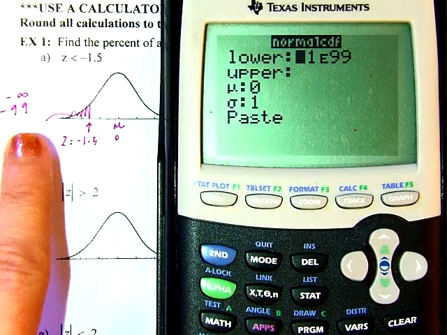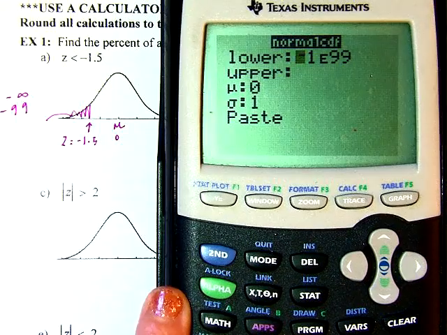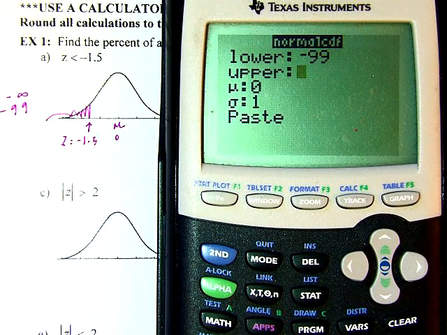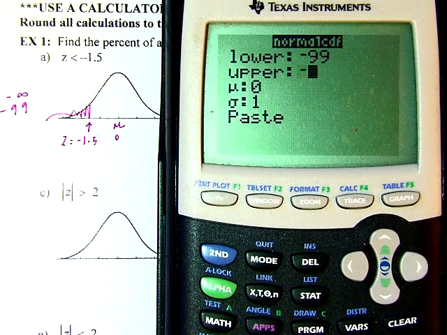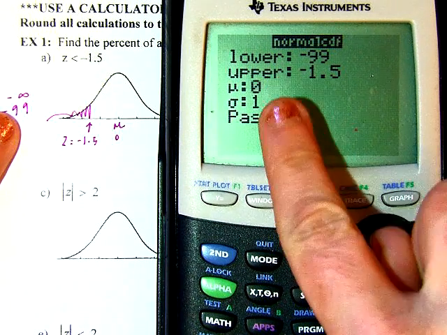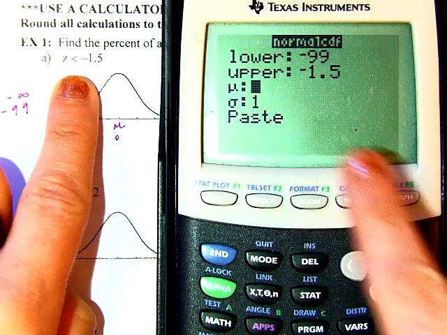And I want here from negative infinity to negative 1.5. So I'm going to use my placeholder. Right, the calculator is giving me one, but I'm just going to give a different one. So I'm just going to say negative 99 up to negative 1.5. And I am using my mean of 0 and my standard deviation of 1, because here I'm given a z-score.